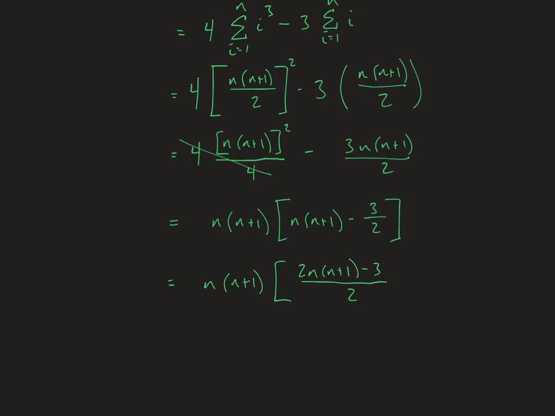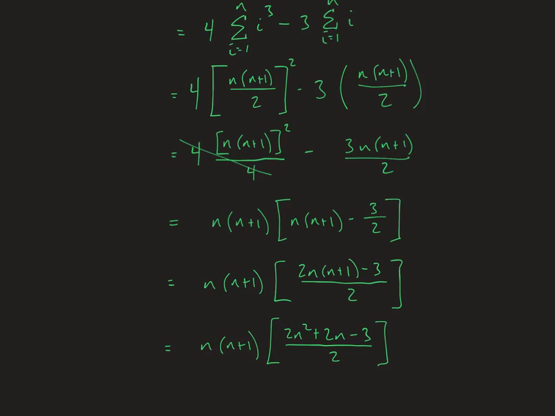And so I'm just going to distribute what I've got here, and then I can combine these two expressions because I'll actually be able to multiply them. So I've got n times n plus 1 times 2n squared plus 2n minus 3 over 2.